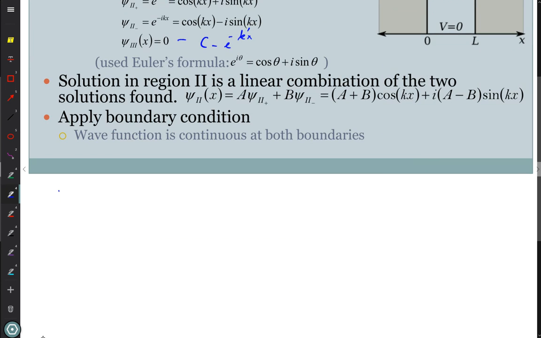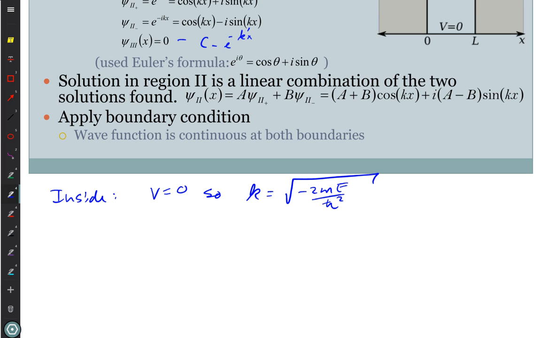Inside the box, I have V equals 0, so K is equal to the square root of minus 2mE over h bar squared. Now, I get to this point and I notice that I did a difference in nomenclature, which drives me crazy when I'm inconsistent.